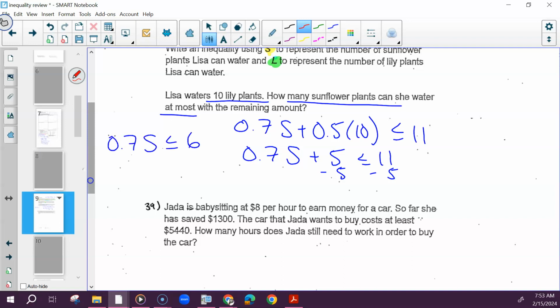When we divide, what is that? 2.571. Okay, so would that be 8 or 9?